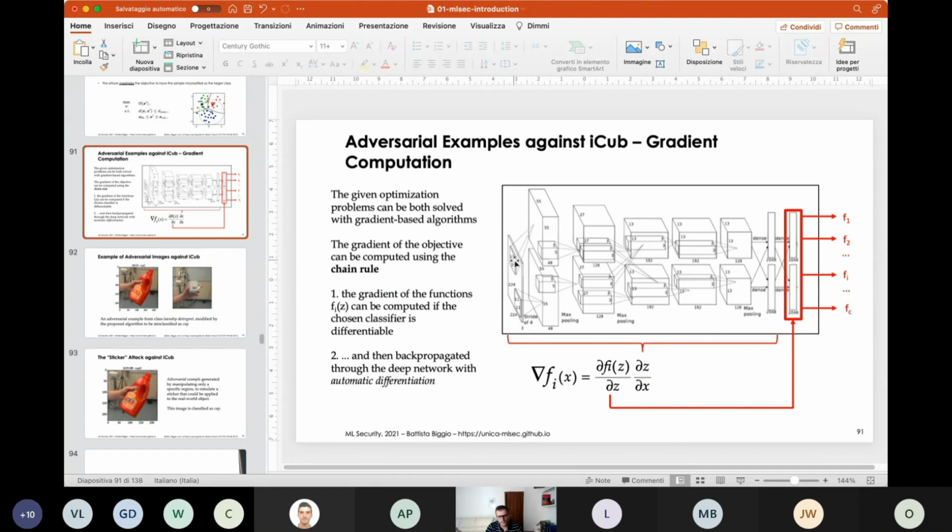Imagine that each layer or each atomic function is a node in a computational graph. In the forward mode, there are different modalities, but in general the mechanism is simple. When you process the input in the forward step, I start from my sample X, my image, and then I apply these functions that you see here, first layer, second layer, and so on and so forth.